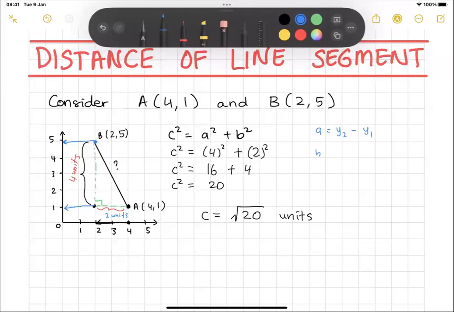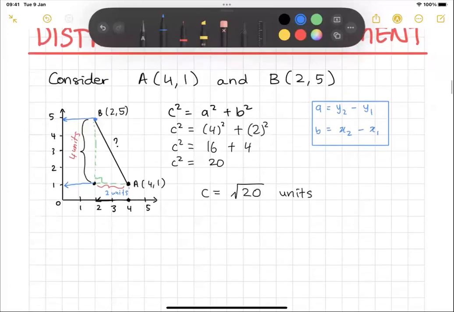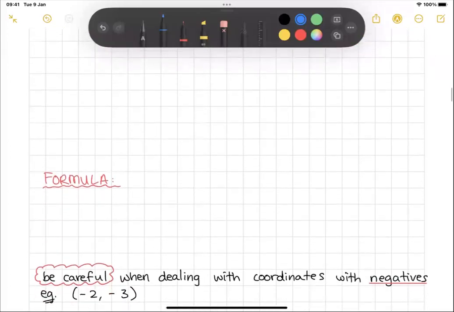For my b value, it's the same thing, but now it's not my y's, it's my x's. It'll be my x2 minus my x1. Keep this in mind when we look at the formula. Hopefully this makes sense. Let's look at the formula now.